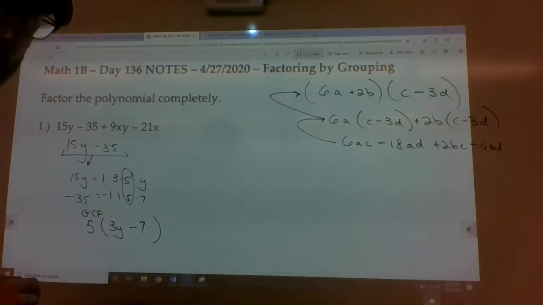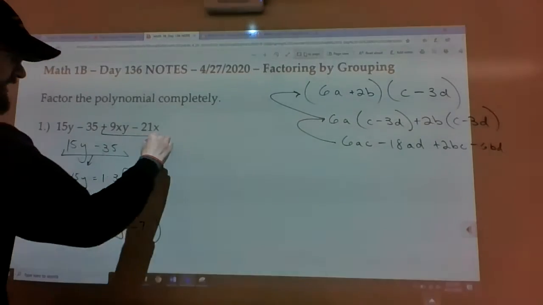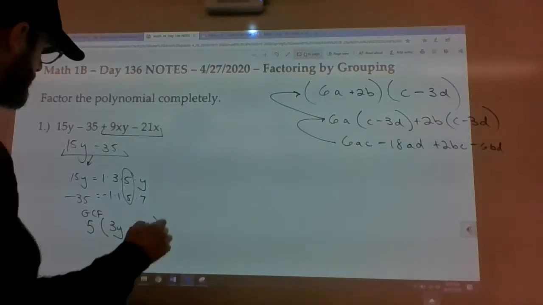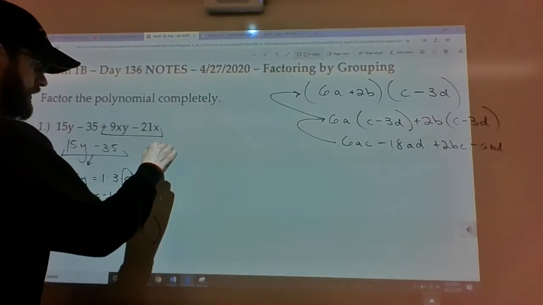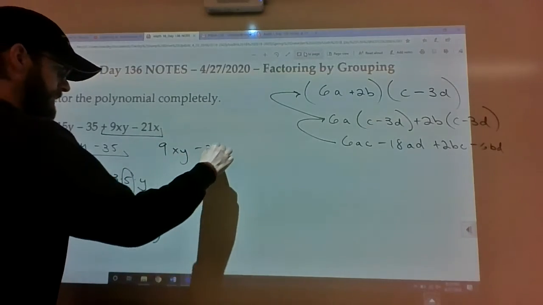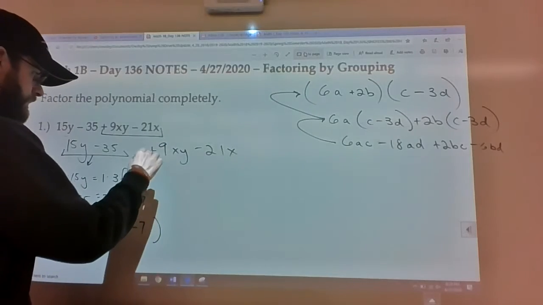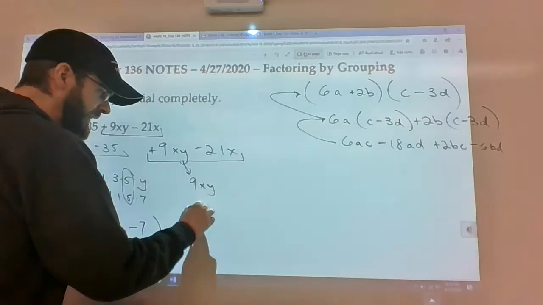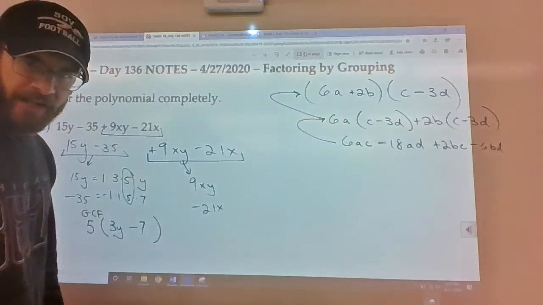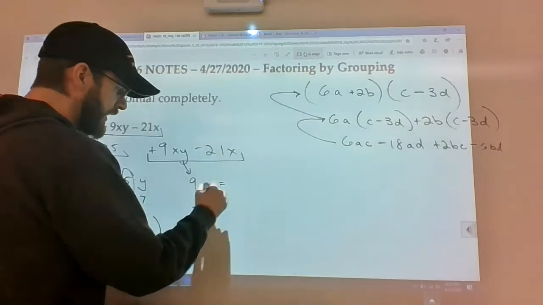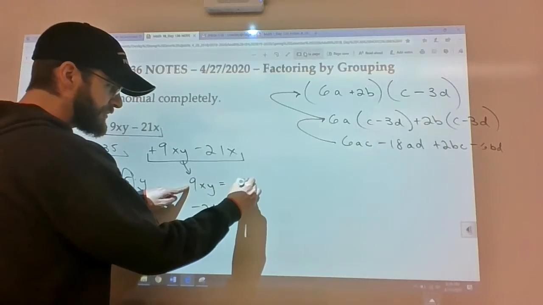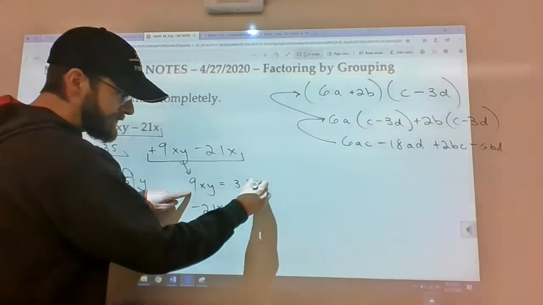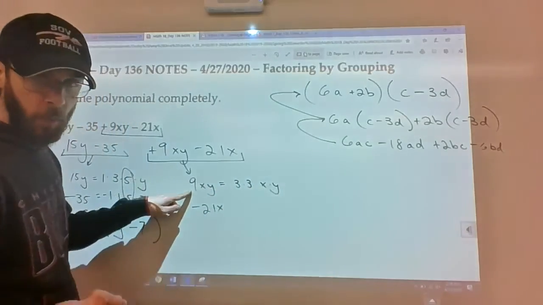We're going to do the same thing now with positive 9xy minus 21x. So 9xy and negative 21x basically breaks down its prime factorization to, this is 3 times 3 for 9, times x times y. Make sure you put a 1 at the front end.